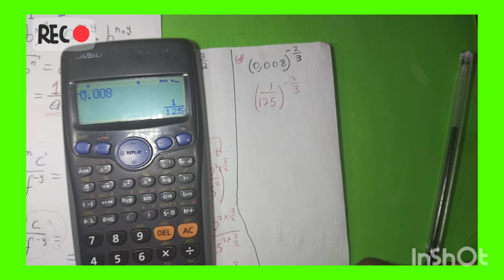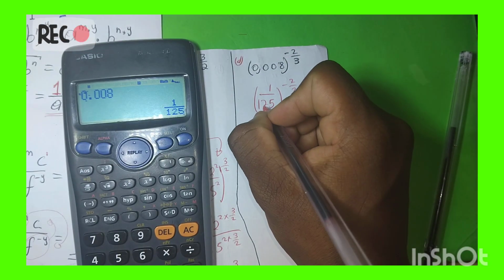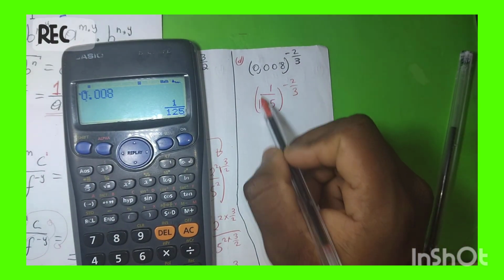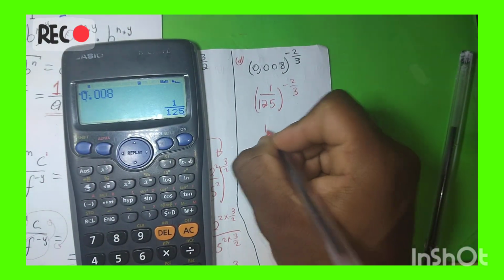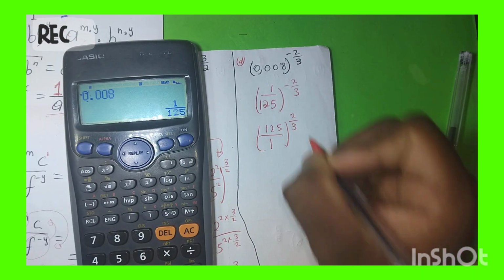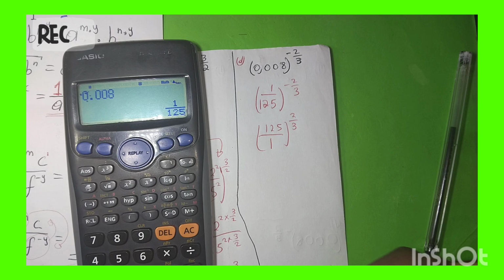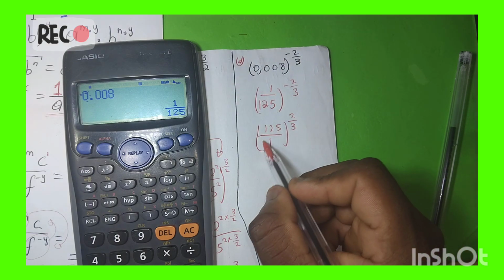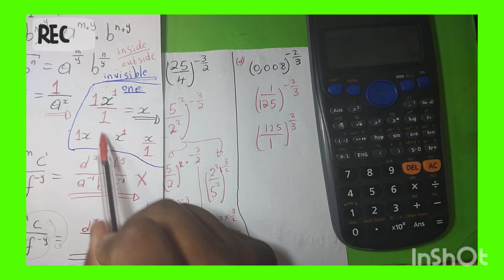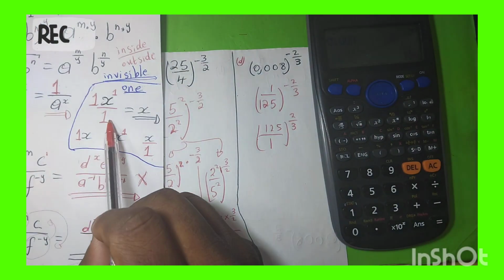Do you see? And now what you can do, because you have a negative, that negative will flip this fraction, and it becomes 2 over 5. Do you see? Now because a denominator which is 1 in maths, we don't write it. Remember, a denominator which is 1 becomes invisible.